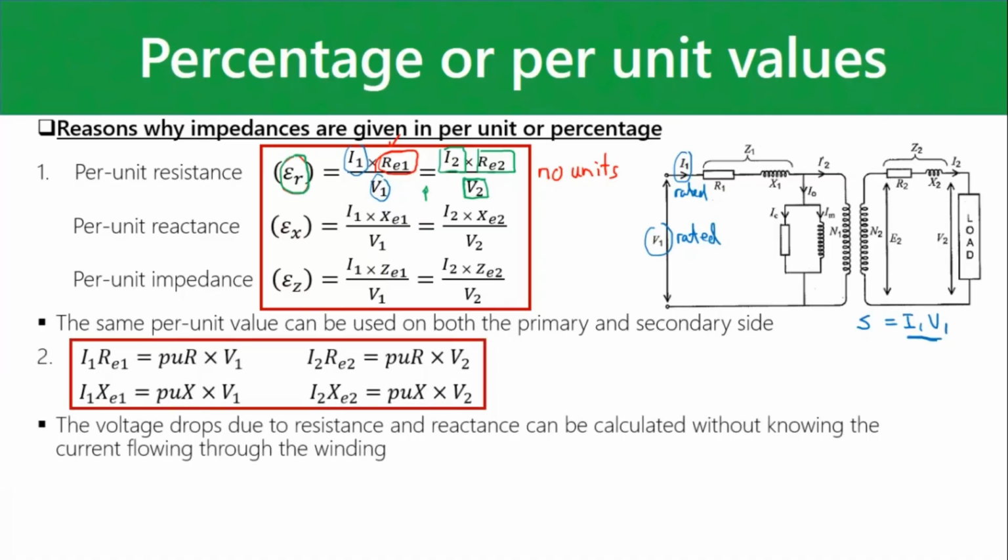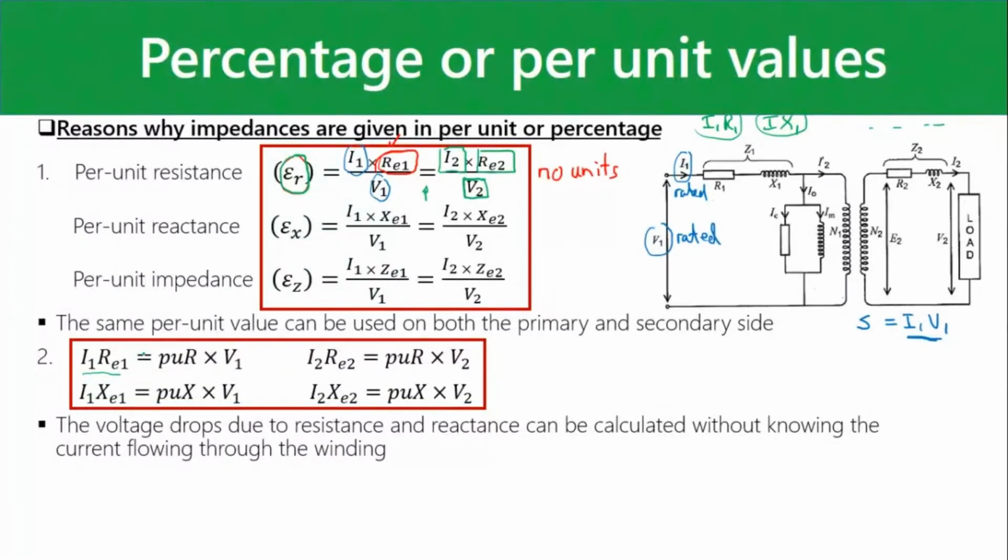What do we use that for? Let's say we remember that complicated vector diagram, or phasor diagram, where we had those values in there of I1 times R1, and I1 times X1, and the same on the secondary. If we want those values, we'd have to find out what I1 is, and then multiply it, say, by RE1. Then we would get that voltage, the volt drop.